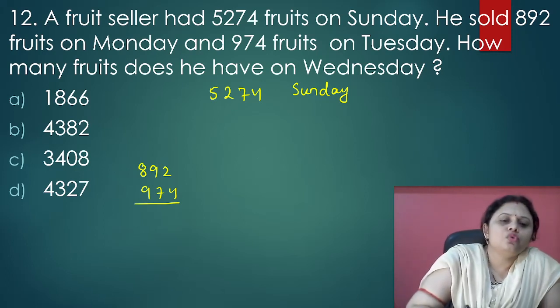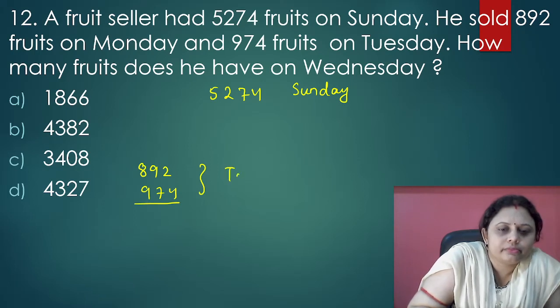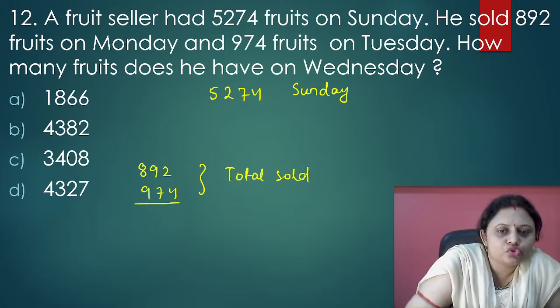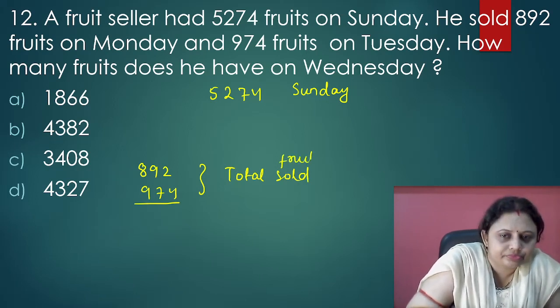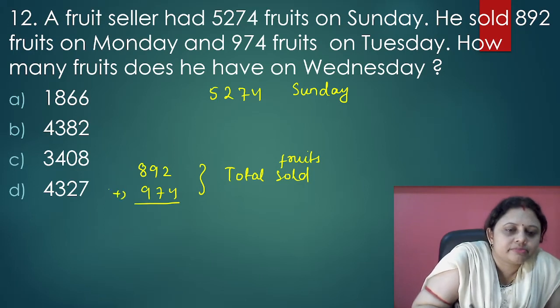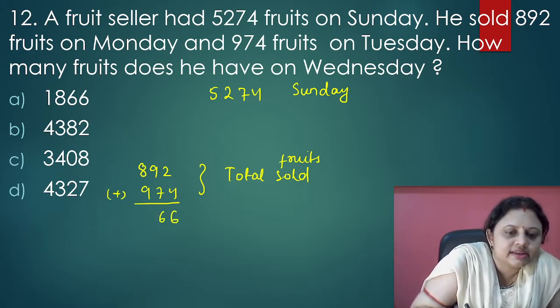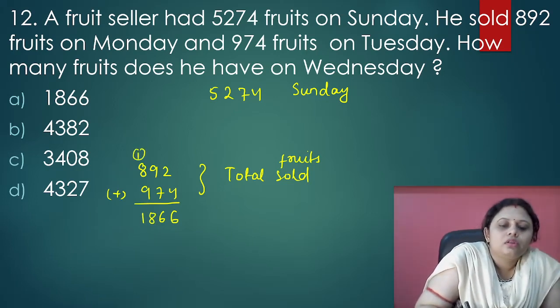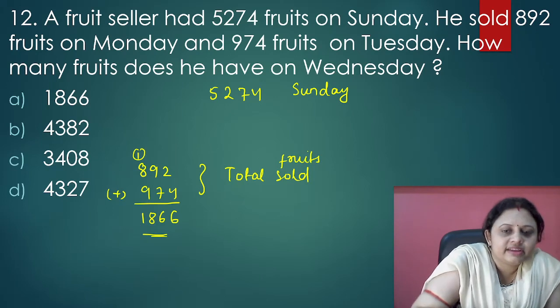Okay, so it is the total number of fruits sold. 2 plus 4, 6, 9, 7, 16, 9, 9, 18. It is sold. It was originally present. So he is left with, what we need to do?